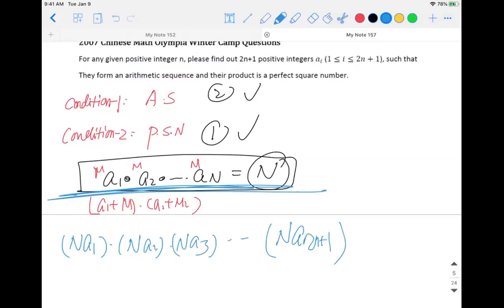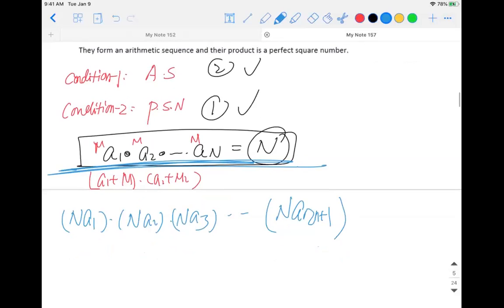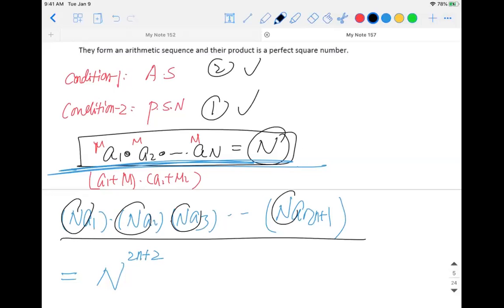Because I'm talking about 2n plus 1 terms. So that being said, this is going to be N to the power of 2n plus 2. Is that right? Because we have 2n plus 1 A's on the left-hand side, I'm going to give an N to every single number. So in total, you'll have something like this. Oh my God, this is going to be a perfect square number. Is that right?